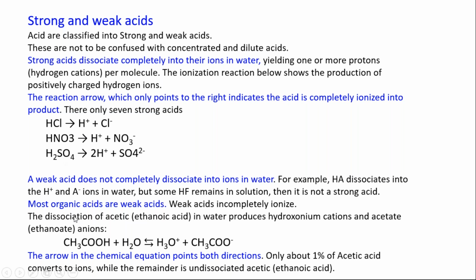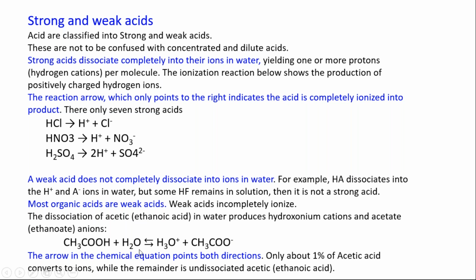On the other hand, a weak acid does not completely dissociate into ions in water. For example, if you have a weak acid HA in the solution, you will have a proton, you will have A minus, and you will have some unionized HA. The best example of a weak acid is acetic acid.